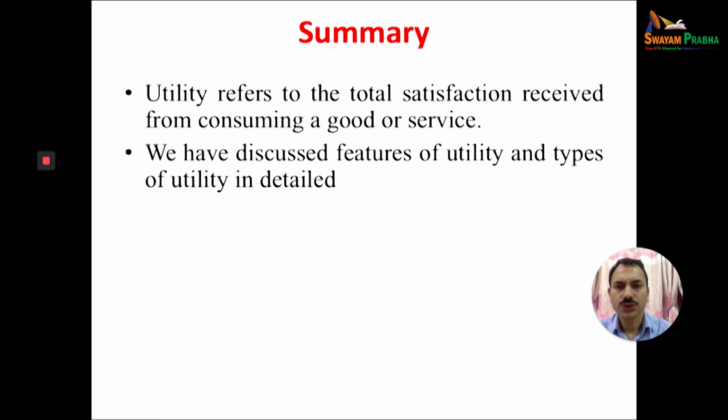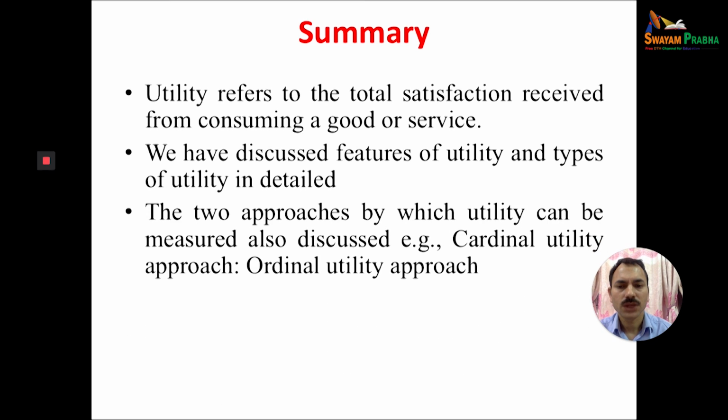Now, the summary. Utility refers to satisfaction. Total utility refers to the total satisfaction received from consuming goods and services. We have discussed in detail the features of utility and the types or forms of utility. Two approaches we have discussed: the cardinal approach and the ordinal approach.